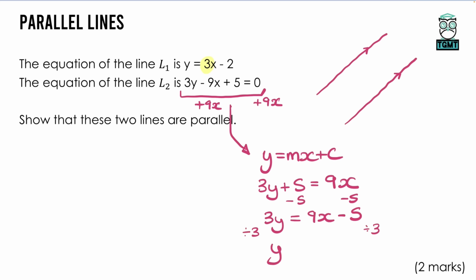And we get y is equal to 3x minus 5 divided by 3. I'm just going to leave it as a fraction. The actual number at the end isn't overly important. The important part here was that we have got the same gradient. So I would write some words along with this that just says they both have the same gradient of 3. And there we go, that would show that these lines are parallel.